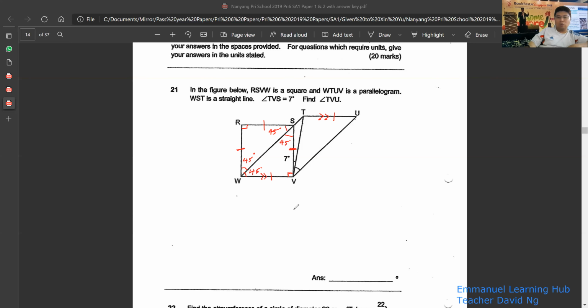Then other than it's parallel, which other lines are parallel? TW and UV. Okay. For parallel lines, there are angles that are the same, right? Which angles are the same?